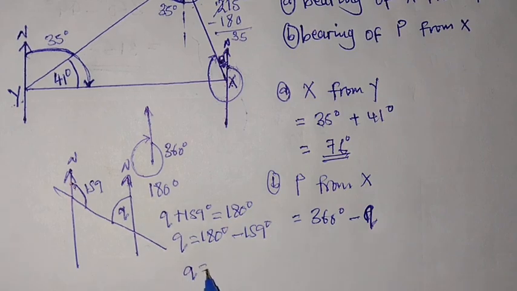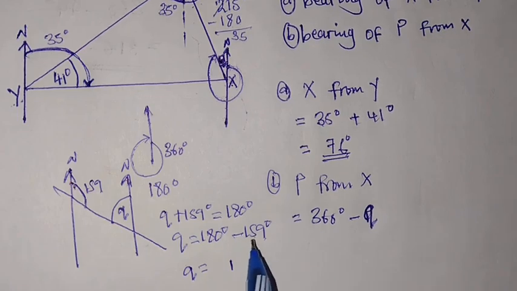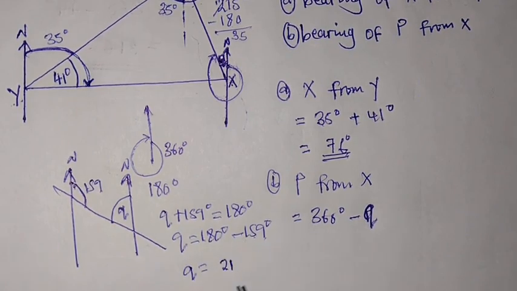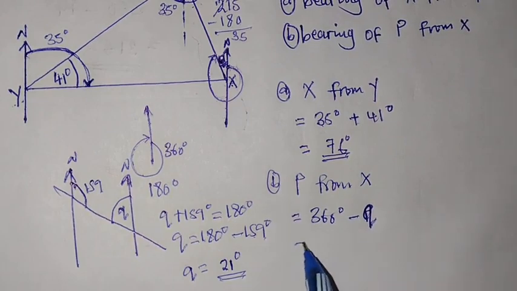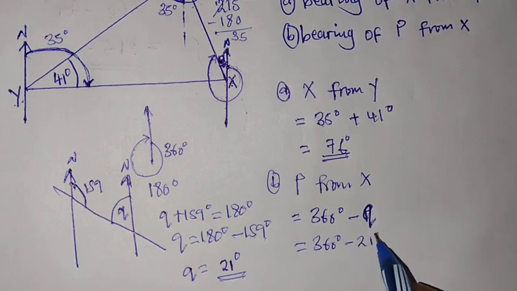So Q equals, 10 minus 9 is 1, then 7 minus 5, because I borrowed the 1, this will be a 2. Then 1 minus 1 is 0. So the angle Q is 21 degrees. So I'll substitute right here, 360 degrees minus 21 degrees.